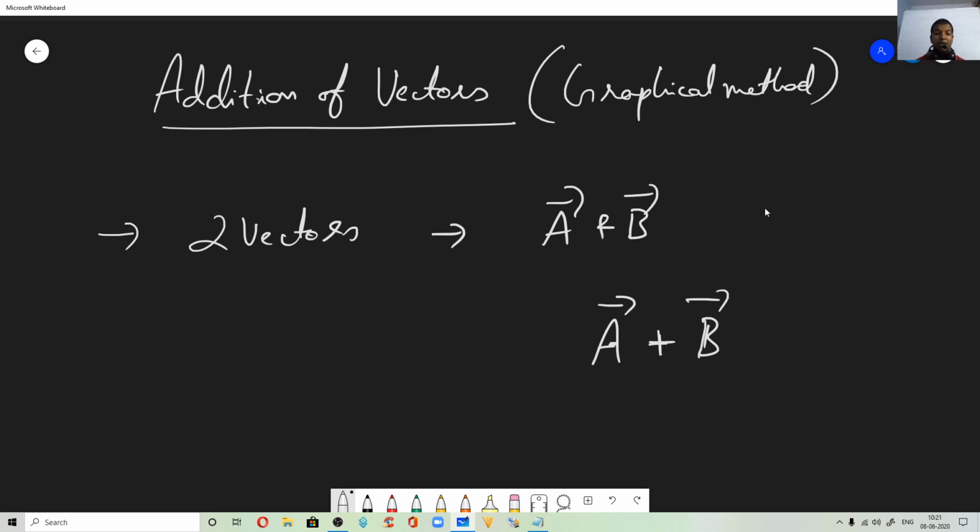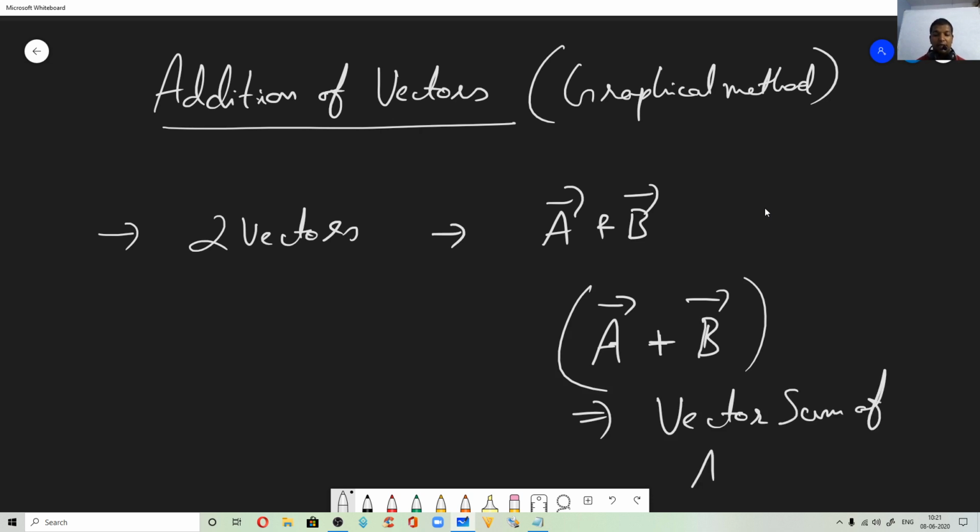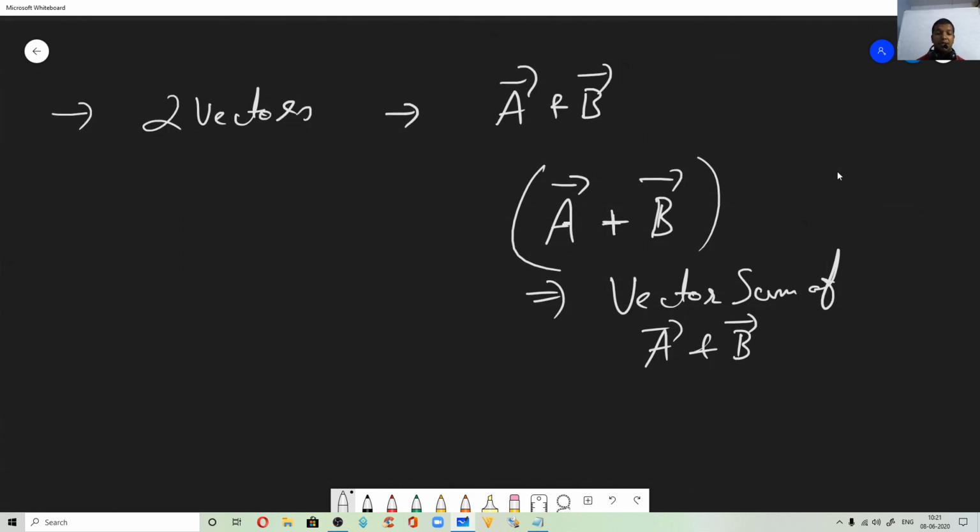When I write vector a plus vector b, we should call it the vector sum of a and b. Let us equate the sum of vector a and vector b to a new vector c. Let us say vector c is the sum of vector a and vector b, or you can say c is the vector sum of a and b.